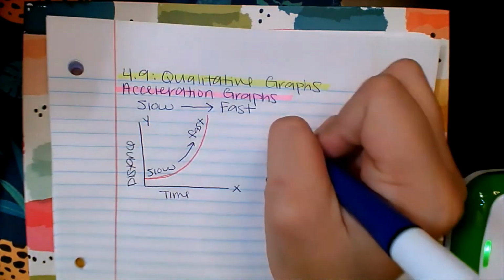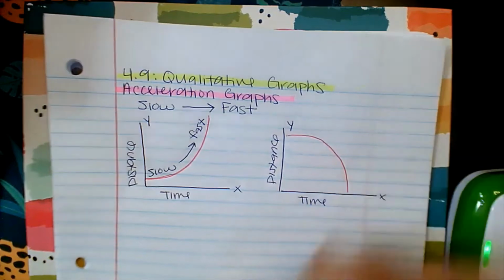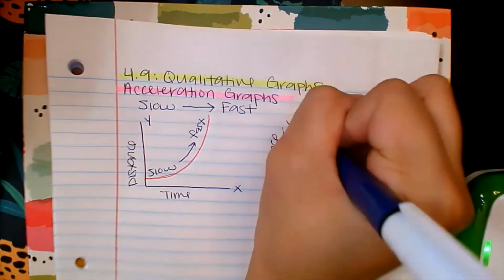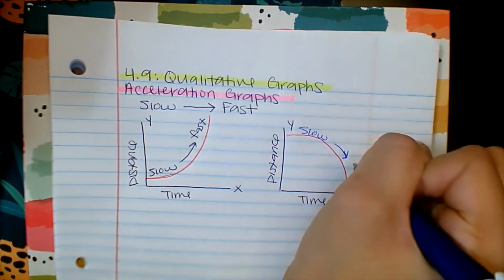An acceleration graph can also go this way, where we start off slow, and then we increase the speed faster.